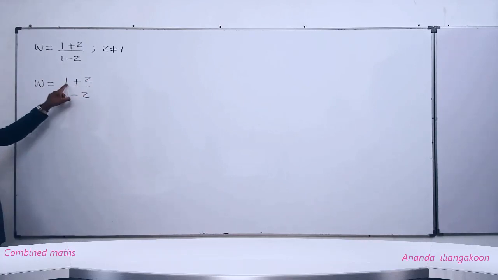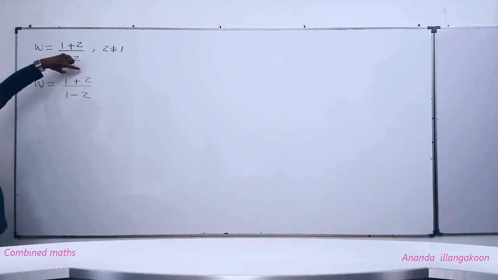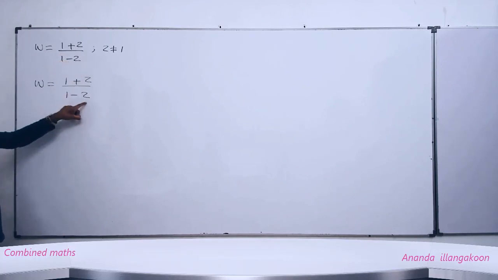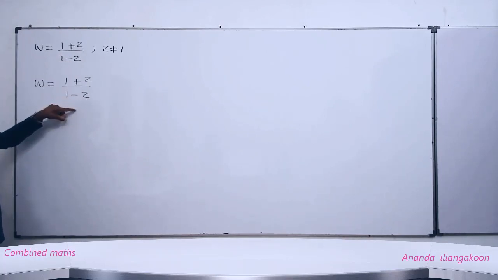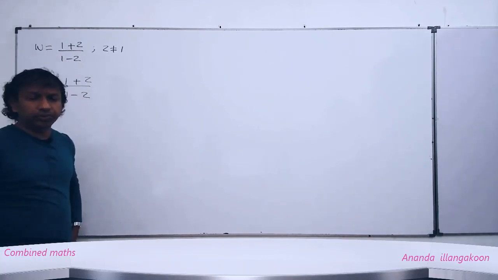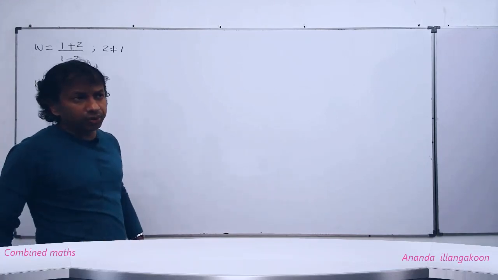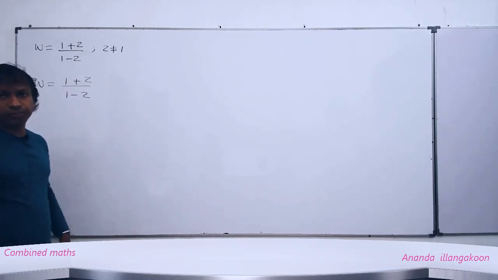On the right hand side, the numerator is the sum of two complex numbers, and the sum of two complex numbers is a complex number. The denominator is the difference of two complex numbers, also a complex number. Division of two complex numbers is another complex number. That is why we say this W is a complex number.